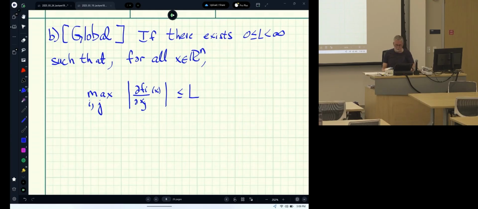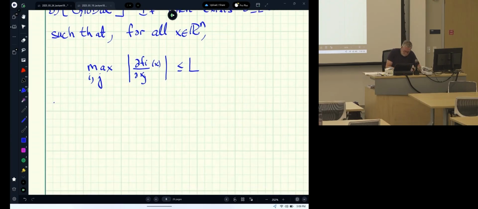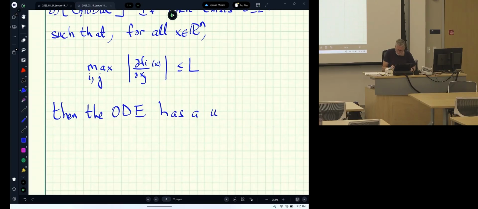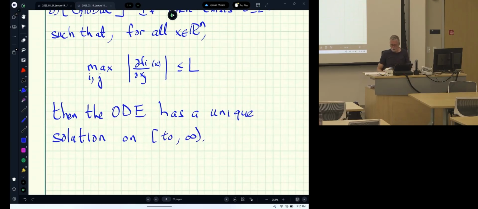So if the Jacobian is bounded, the ODE has a unique solution on T0 infinity. So the solution can be extended for all time, and that works for any initial condition in Rn.